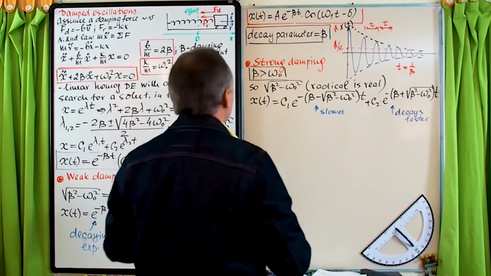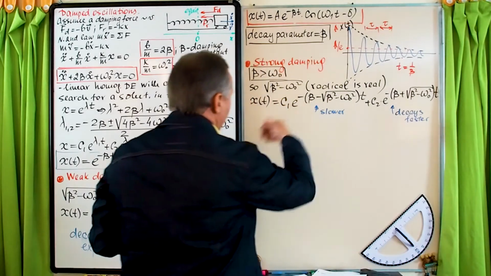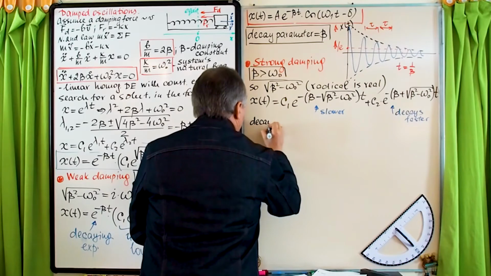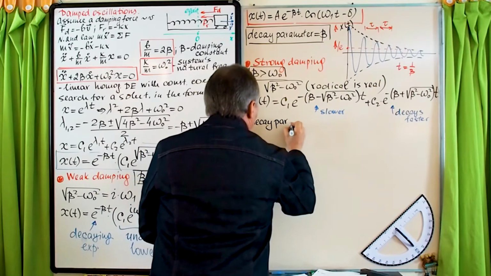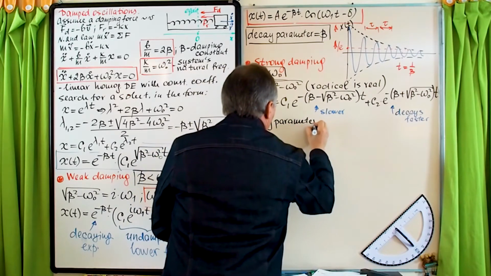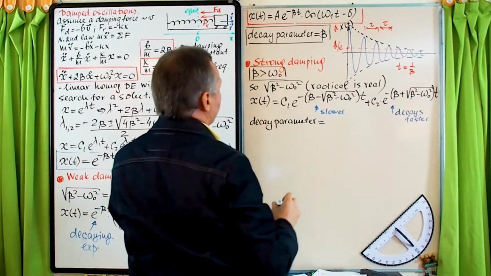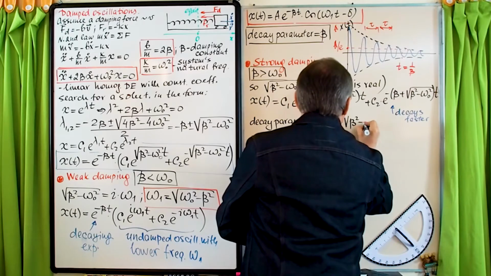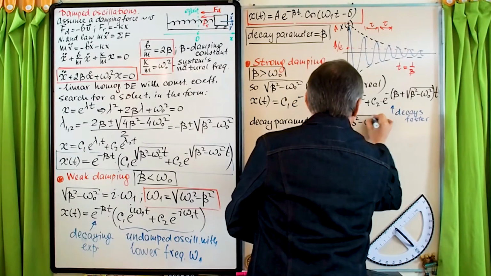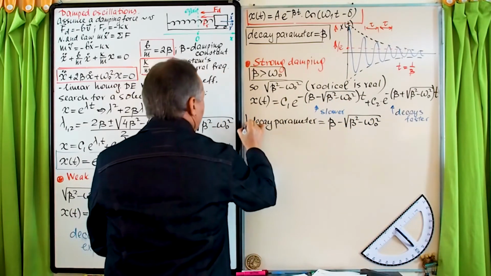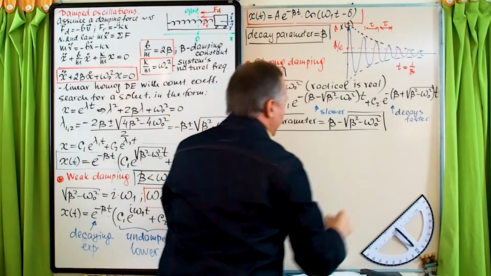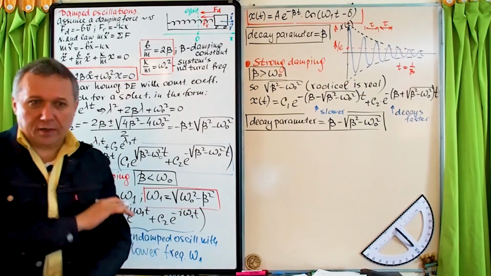So the decay parameter equals beta minus square root of beta squared minus omega naught squared. That's our decay parameter. Let me frame it, because, as I said, at the end we will combine them.